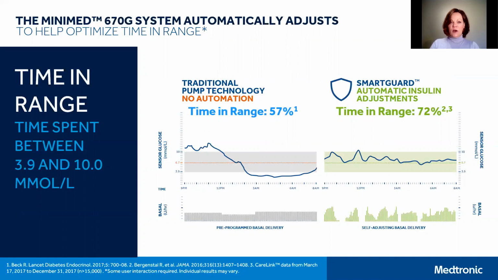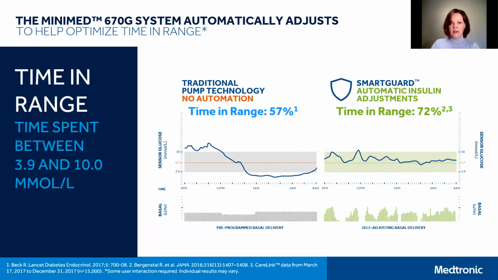When looking at these two graphs, they're meant to serve as a comparison between traditional pump technology with no automation on the left to using SmartGuard and auto mode delivery that provides automatic basal insulin adjustments on the right. Now, if you look at the bottom of the section of your graph on the left, it shows 3 pre-programmed basal delivery rates.